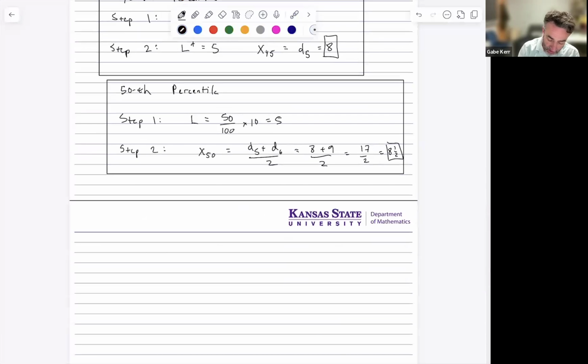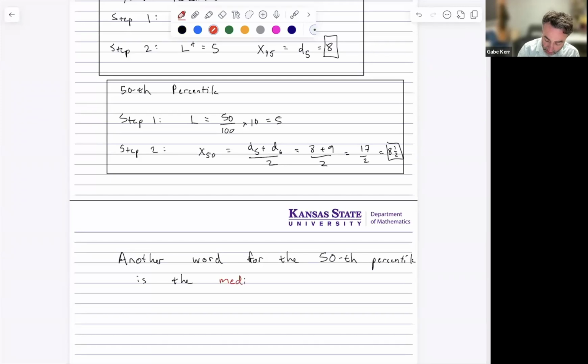So another word for the 50th percentile is the median. I should write that in red. It's a new term.